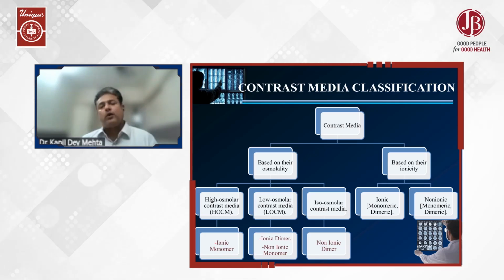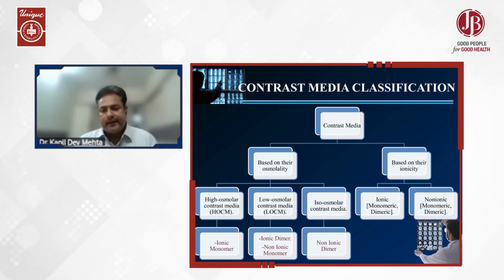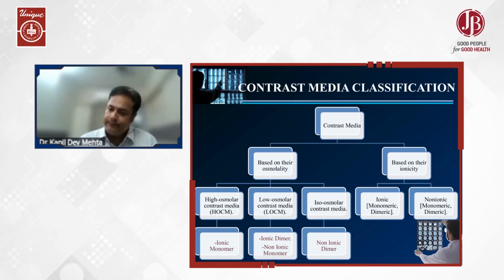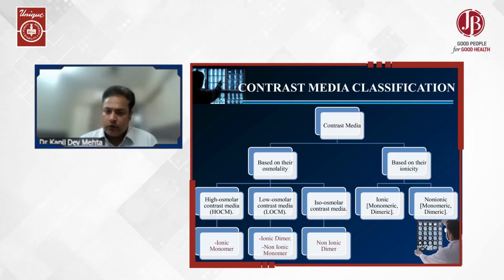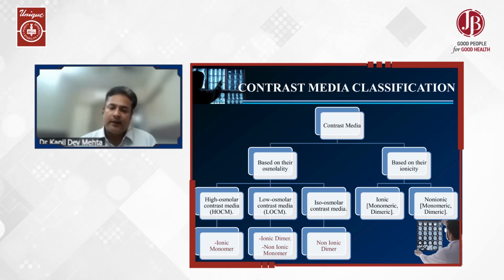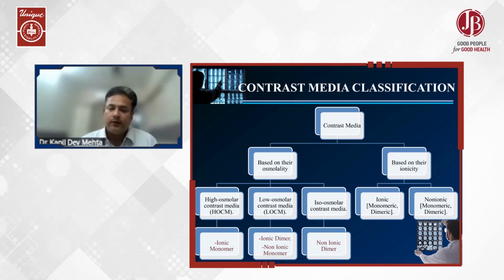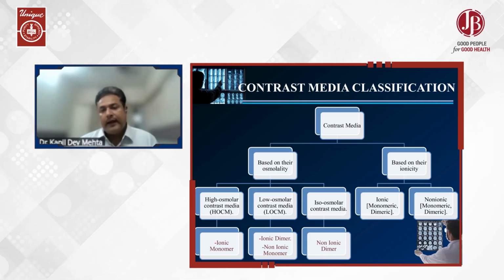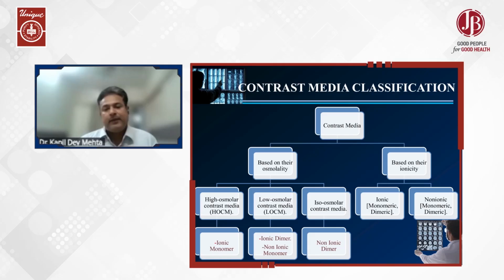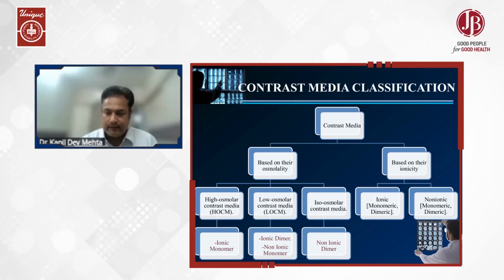If you talk about contrast media, we will discuss them in two ways: one on the basis of their osmolality, and second based on the ionicity. On the basis of osmolality, contrast media can be classified as high osmolar, low osmolar, and isoosmolar. On the basis of ionicity, they can be classified as ionic and non-ionic. I will go into detail and we will discuss these parts.